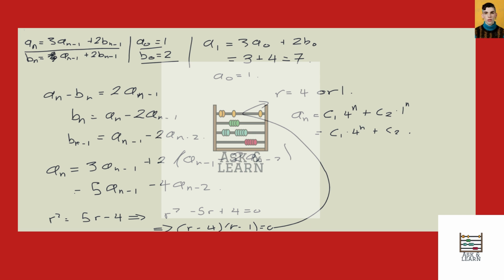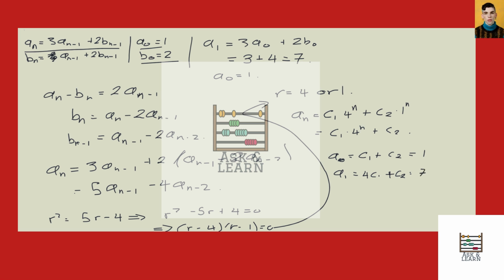Now we want to substitute for our initial conditions. a sub 0 is equal to c sub 1 times 4 to the 0, which is 1, plus c sub 2, and this is equal to 1. a sub 1 is 4c sub 1 plus c sub 2, which gives you 7.